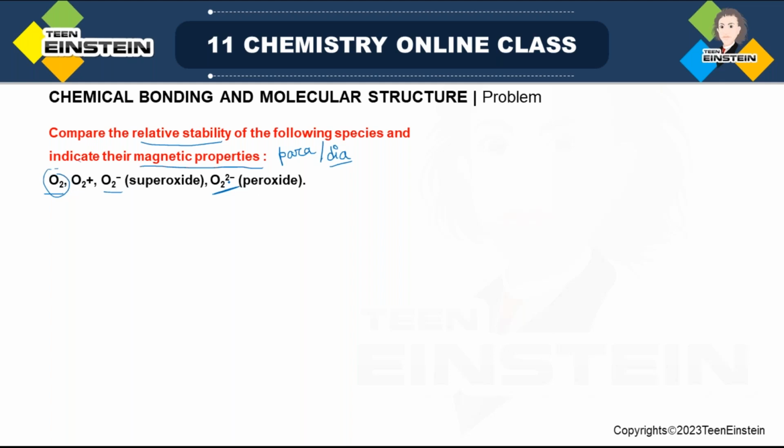So first we will consider the MO, that is molecular orbital, of the oxygen molecule, which is the neutral one. Once you know the MO of the actual molecule, then you will be able to understand, if you add an electron or remove an electron, what will be the effect on the MO diagram.